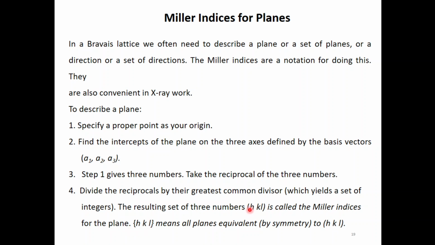Okay, so just focus on the symbol. This is parenthesis, and this parenthesis means that we have only one individual plane, HKL. And if these symbols are enclosed in curly bracket, then that would mean a set of planes, a family of planes.